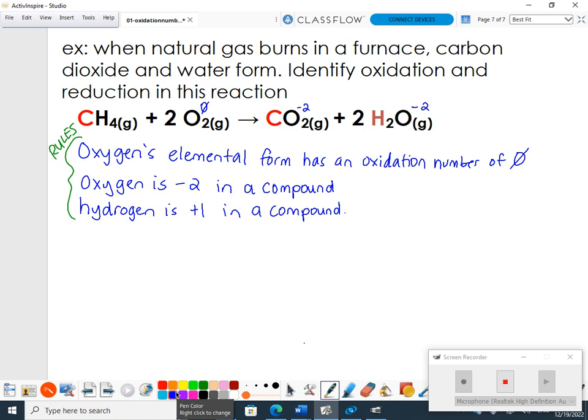This is from the slide that says rules. Oh, I didn't write it in though.